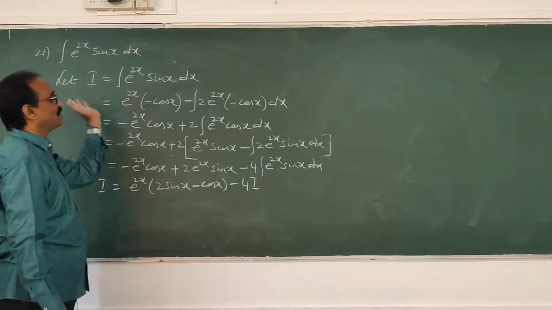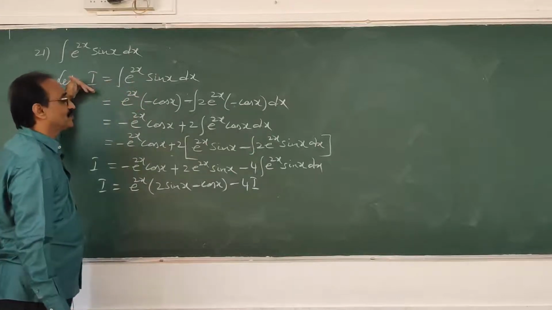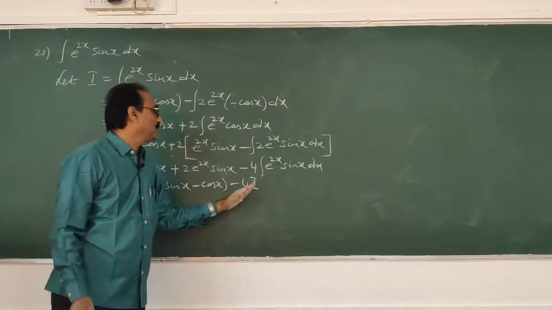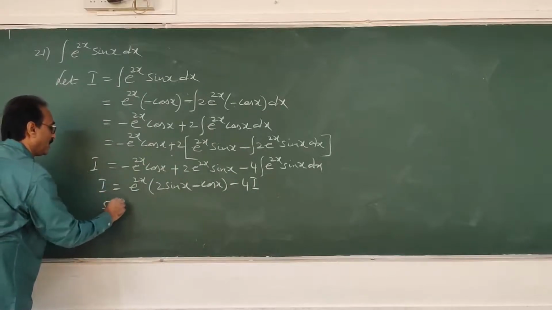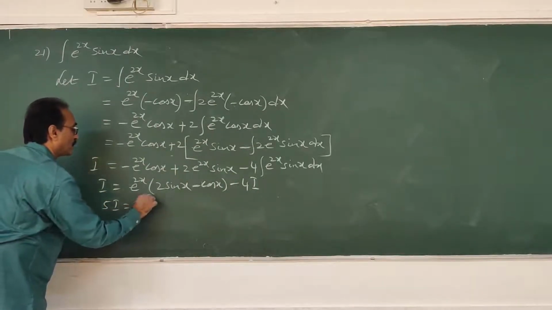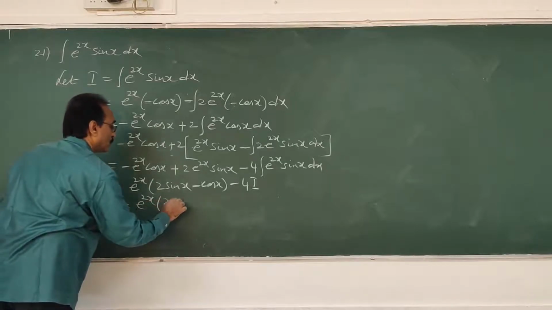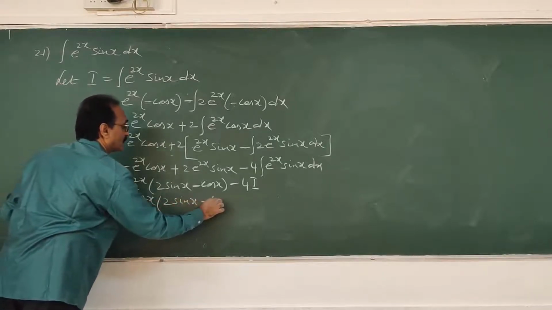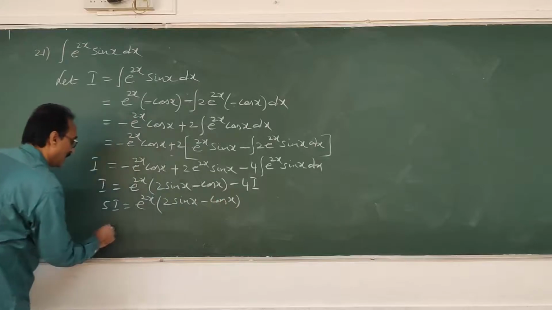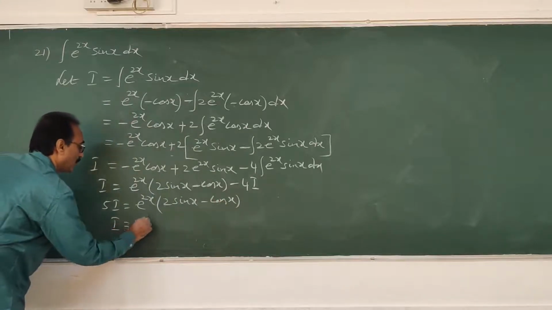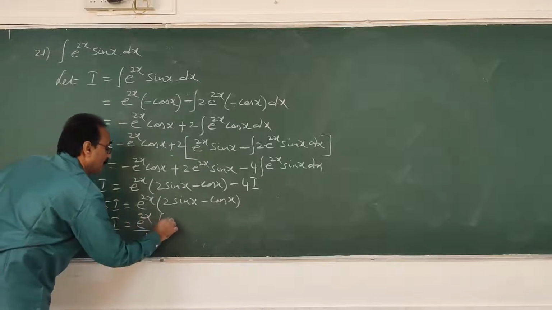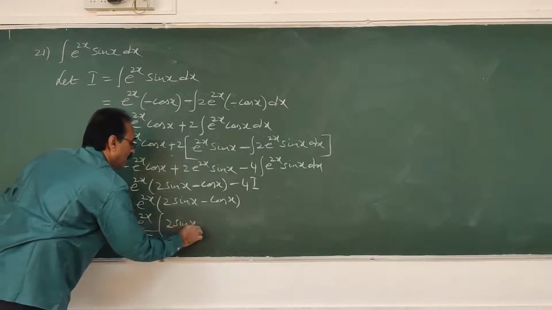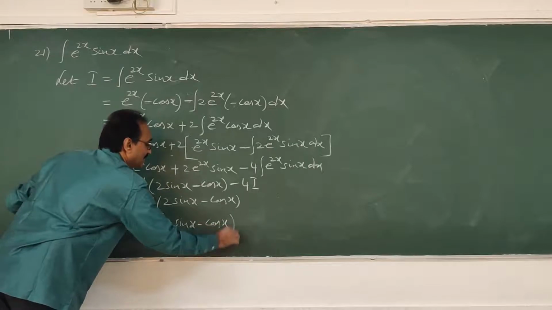That's why I said I means repeating, so we say I. So minus 4I, bring this side: I plus 4I, 5I is equal to e power 2x into 2 sin x minus cos x. Now finally I is equal to e power 2x by 5 into 2 sin x minus cos x plus c.